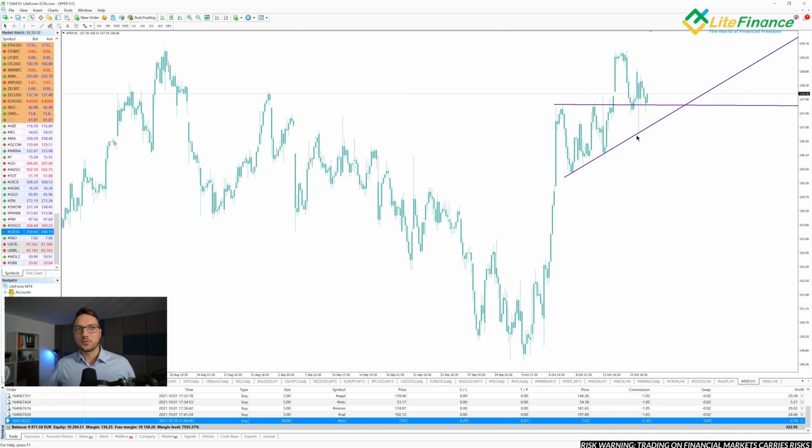Therefore, a lot of traders were out of their longs on this particular stock. I think after such a breakout, it is a good signal to re-enter the market again, because most likely the price will follow in the correct direction, which is the upside move right now.